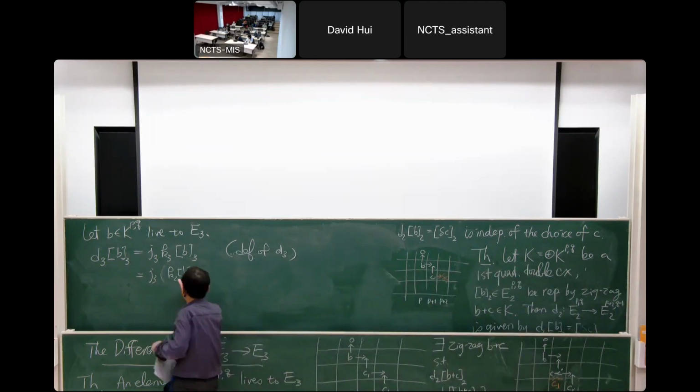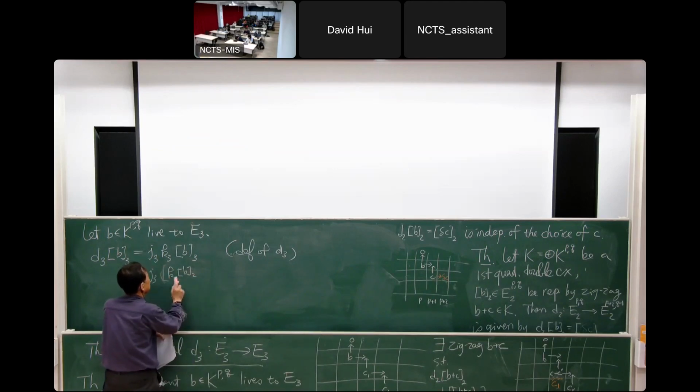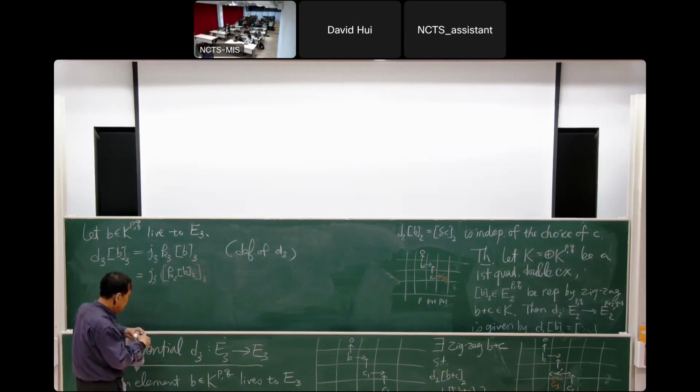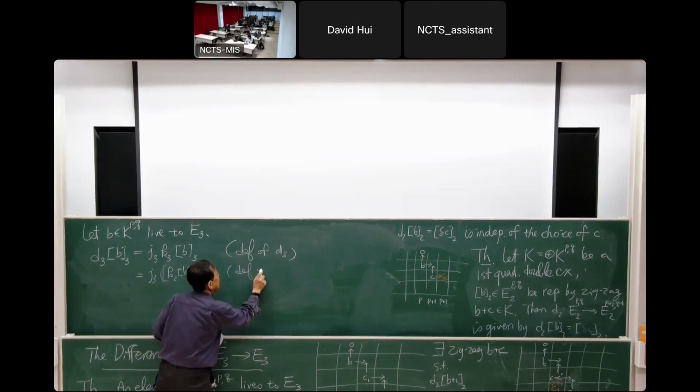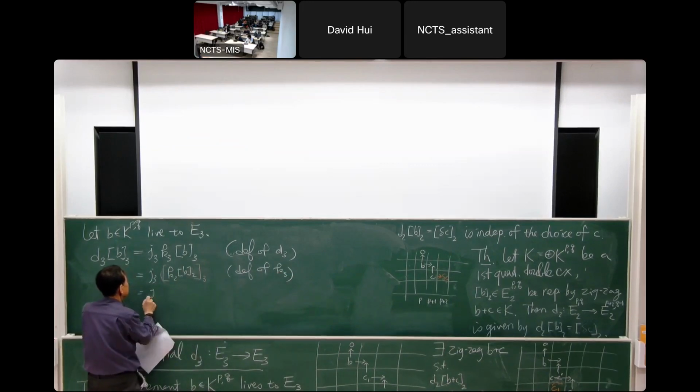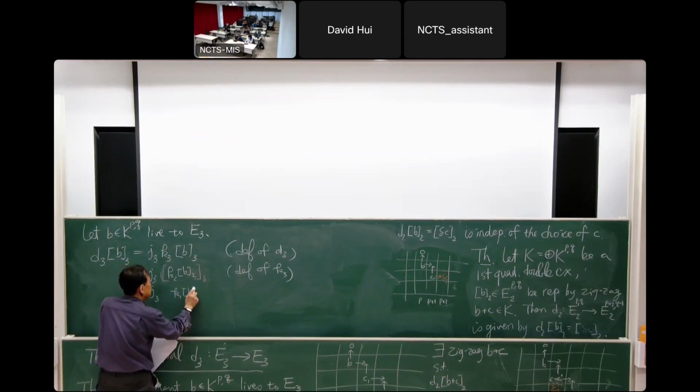Okay. And you'll get something in E2, but you have to take its class in E3. Okay. And then K2 is K1, B1.